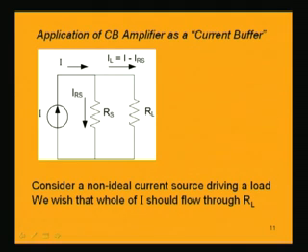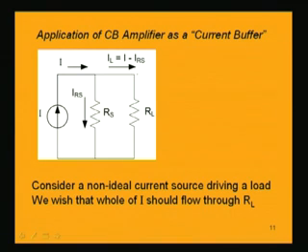So, what is happening here is that this load R L is getting a current I minus I R S. I R S is the current which flows through this source resistance in parallel with the current source, and only a part of the current goes through R L. Now, suppose the load resistance is very small but the source resistance R S is very high. For example, a typical case can be thought of where we are applying the output voltage to a loudspeaker.